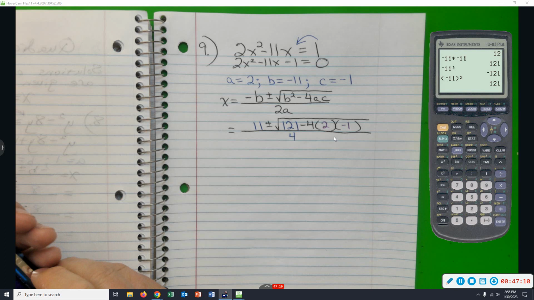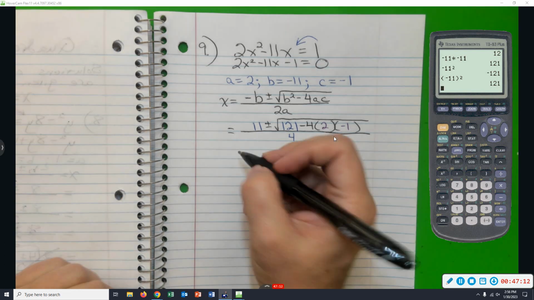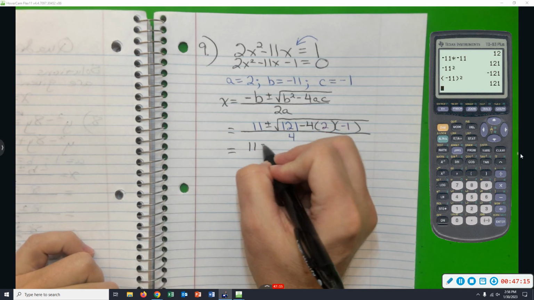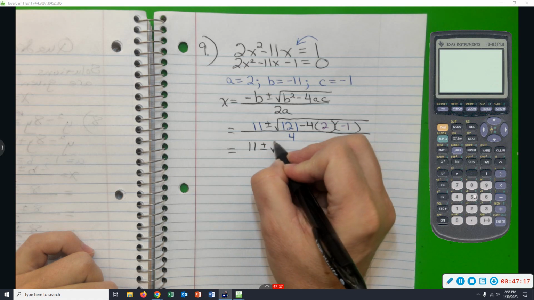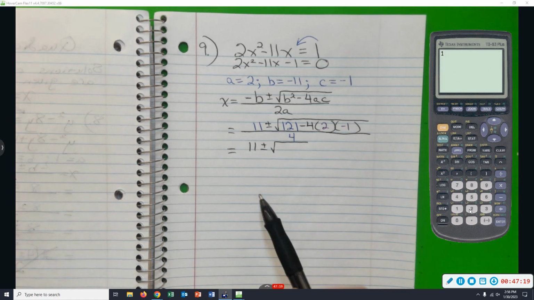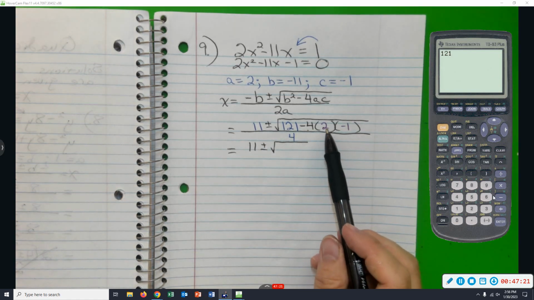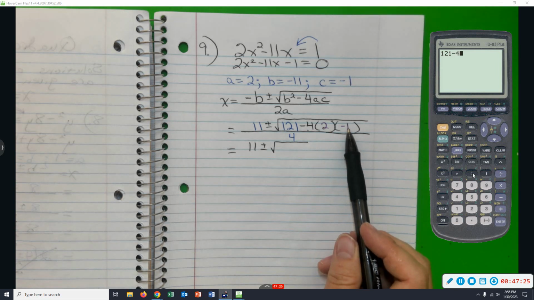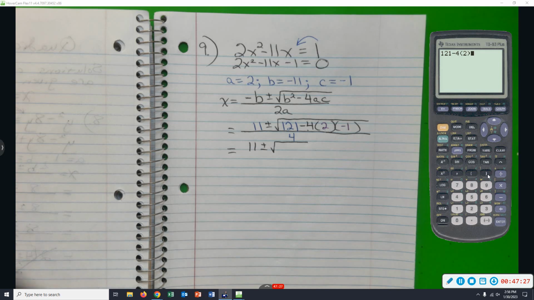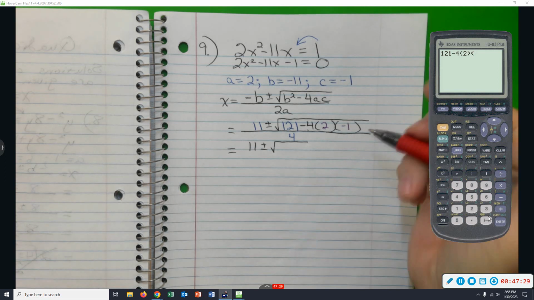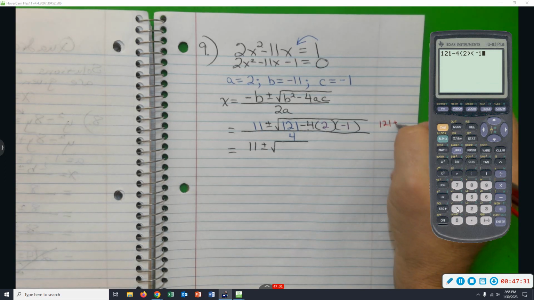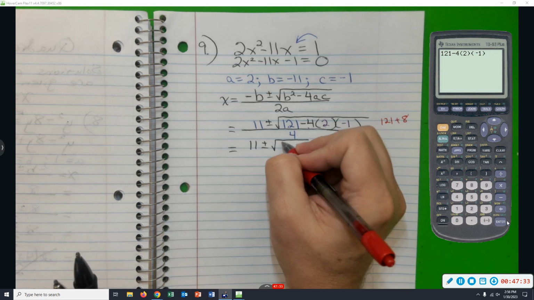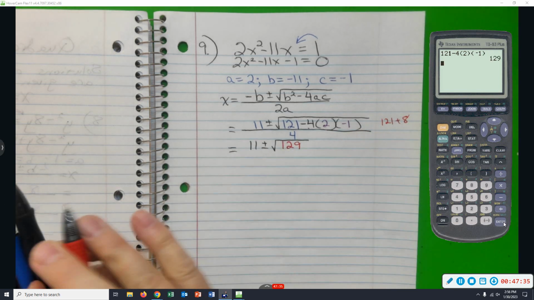Let's work underneath that square root. So negative 4 times 2 is a negative 8 times a negative 1. That becomes a positive 8. So here's what I'm thinking in my head. I have 121 plus 8. I know that's 129.